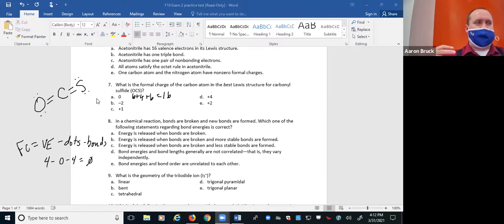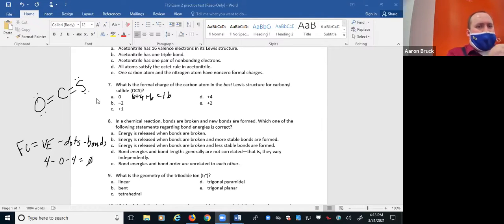The energy that is either absorbed or released in that chemical reaction depends upon the relationship between what bonds were broken versus what bonds were formed. The more energetic the bonds are that are broken, the more energy has to be put into the reaction to get it to go. The more energetic the bonds are that are formed, the more stable they are, and therefore the more energy they release as they form bonds.